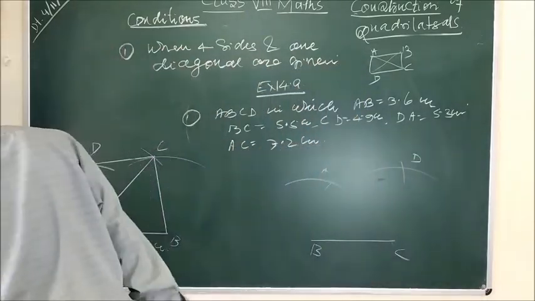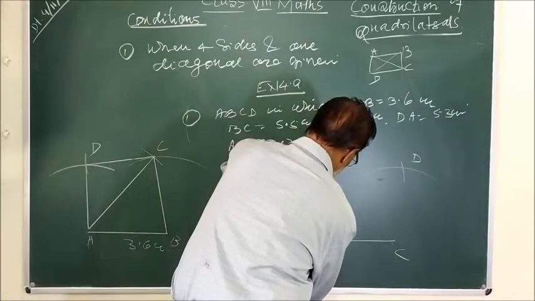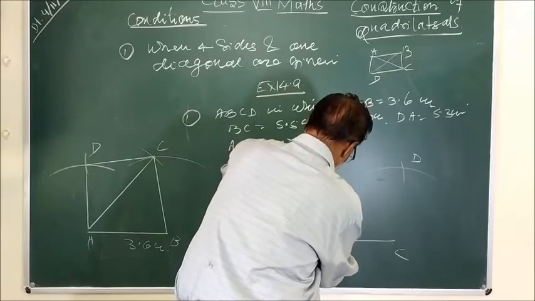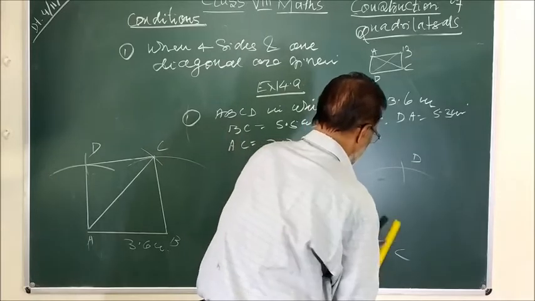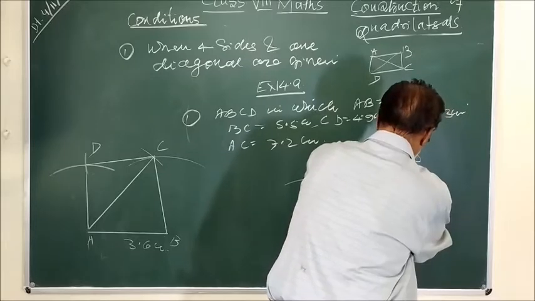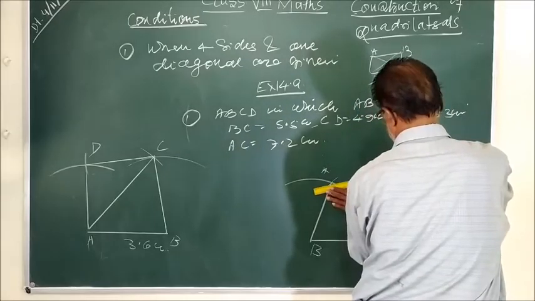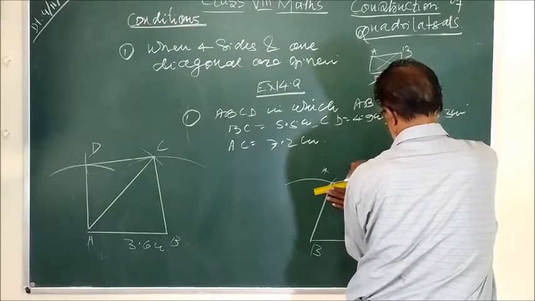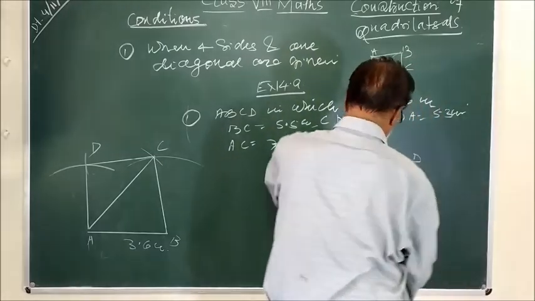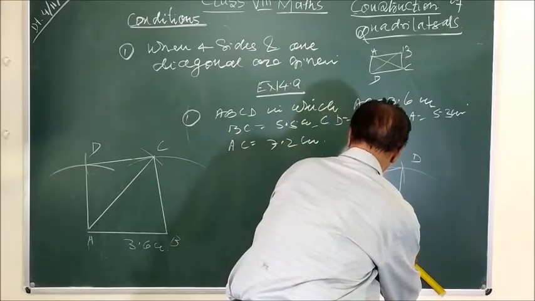Join all this. You join AD. This is CD, this is AD or DA, and this is the diagonal AC.